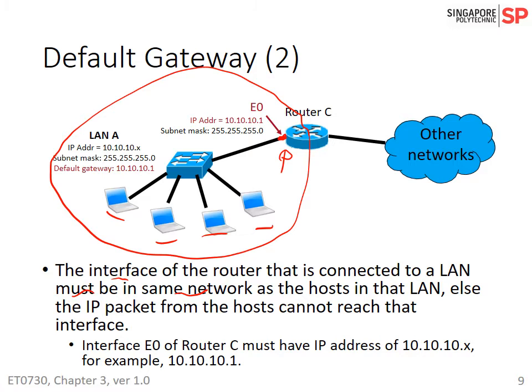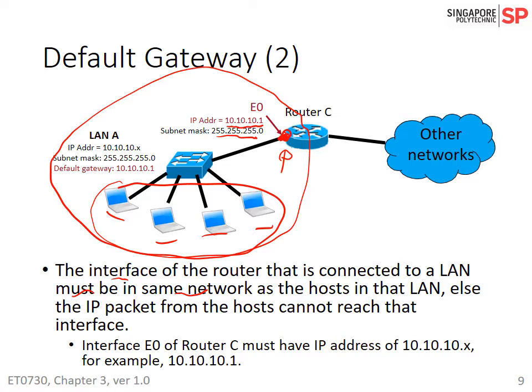So in this example, LAN A IP addresses always start with 10.10.10 because the subnet mask is 255.255.255.0. So the default gateway IP address that you set here, for example, you can set it as 10.10.10.1 with this subnet mask. Then PCs will be able to find where's the default gateway.